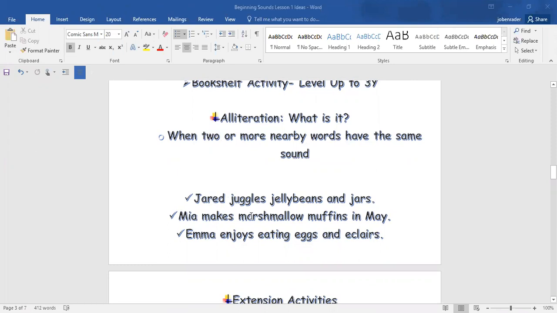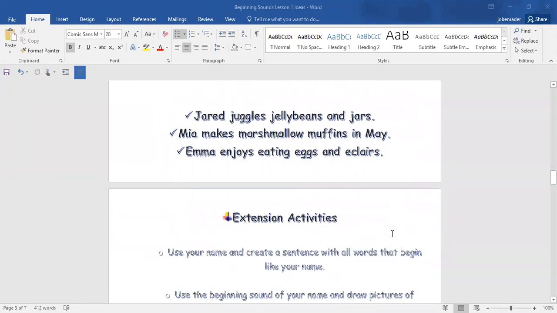Mia makes marshmallow muffins in May. Emma enjoys eating eggs and eclairs. So you can see in that sentence, they are using multiple words that begin with the same sound, the same letter at the beginning of each word.